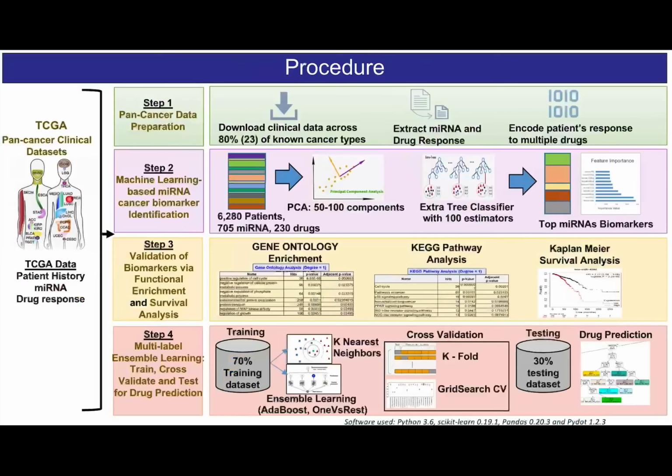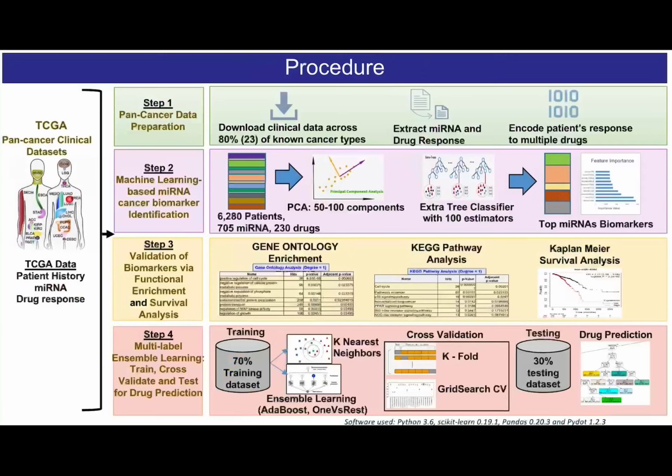My overall procedure was implemented in Python and its libraries, and it had 4 main phases. First was pan-cancer data preparation, where I extracted and wrangled the exact data I needed to make drug predictions. This was followed by identification of key cancer-causing microRNAs, where I used feature selection to identify the most important microRNAs in the dataset. Feature selection was coupled with functional enrichment analysis, which allowed me to validate that the microRNAs identified in step 2 were truly driving cancer from a biological perspective.